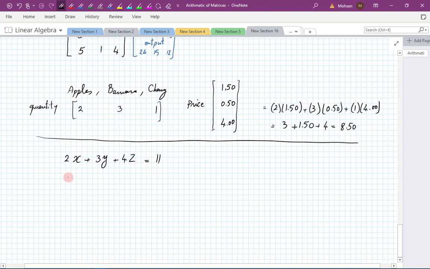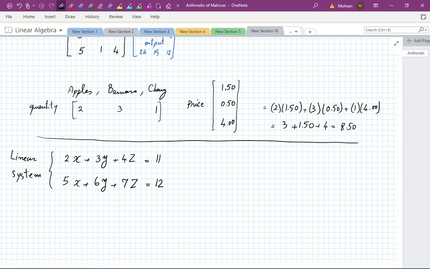Let me write, say, 5x + 6y + 7z is equal to, say, 12. This was something we came across with a variety of meanings, intersection of two planes, or whatever you might have. You end up with a system of equations like this.